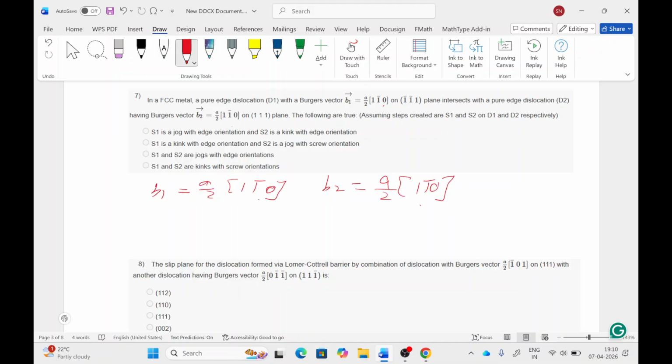When two edge dislocations are parallel and intersect, after interaction both form kinks of screw orientation. So this is related to case 2. So S1 and S2 are kinks with screw orientation. So fourth option is correct.